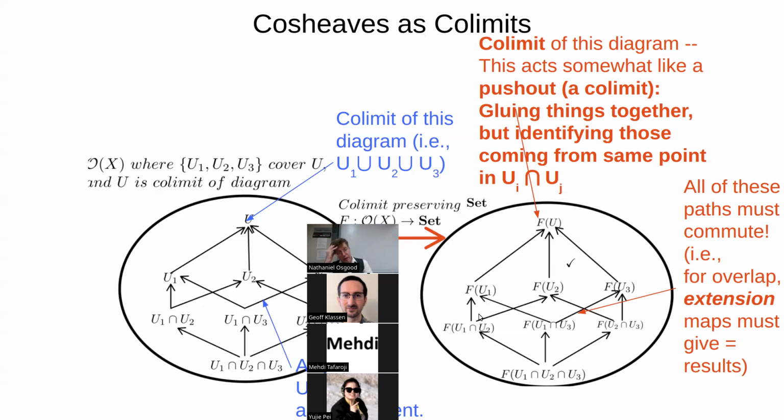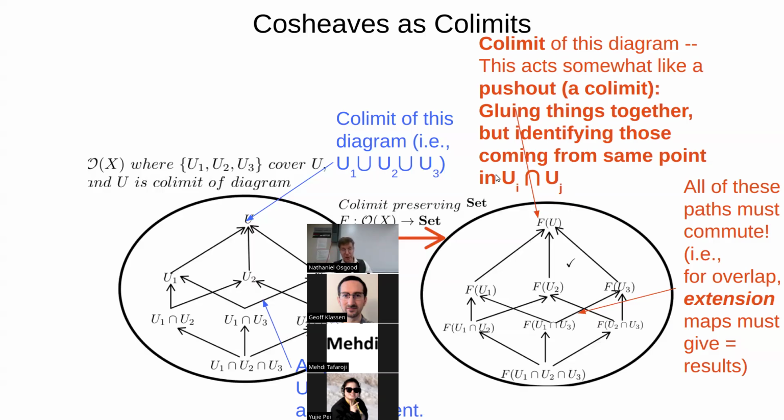The idea here is that this is going to be like a pushout, gluing things together, but gluing them together in a way that identifies, sort of treats as the same, the parts that are in common, the parts in the same equivalence class.